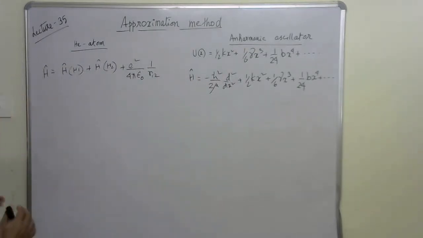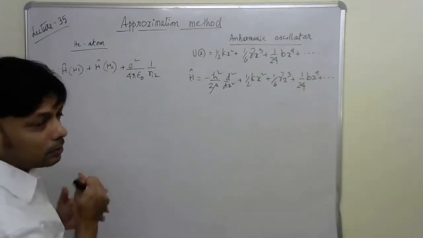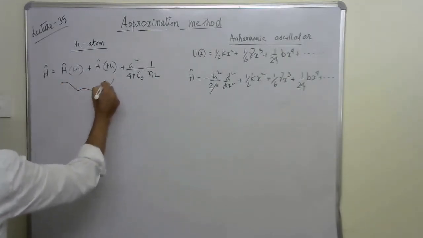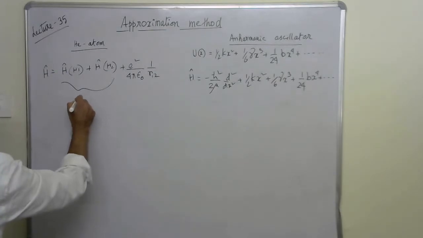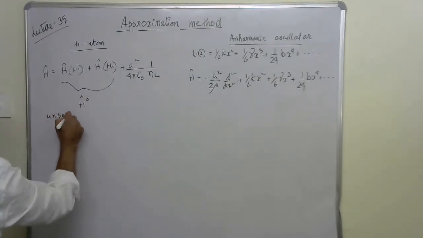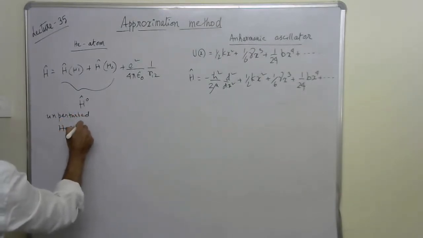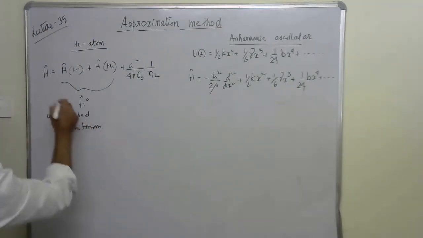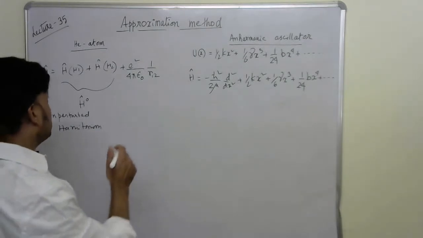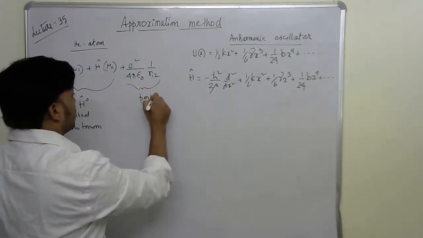So therefore, if you take a look at both the Hamiltonian for helium atom and anharmonic oscillator, you can probably recognize that part of this is your H naught, which is the unperturbed Hamiltonian. And another part of this Hamiltonian, meaning the unknown part, is basically this one, and that is the perturbation term.